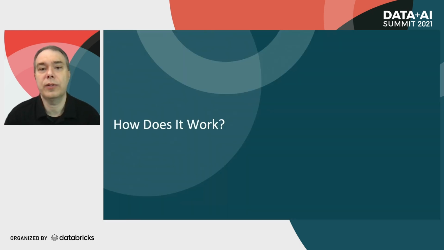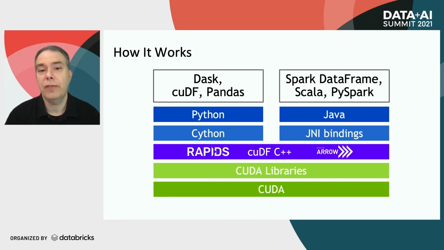So how does the RAPIDS Accelerator for Apache Spark work? How is it able to accelerate SQL and data frame operations without modifying the code? First off, what we did is we leveraged RAPIDS. RAPIDS is a suite of software libraries that is designed to perform data science at scale using GPUs.